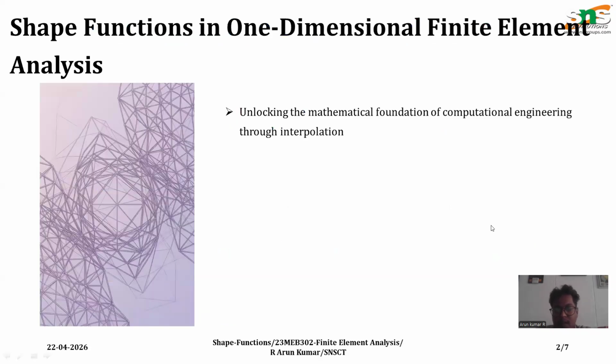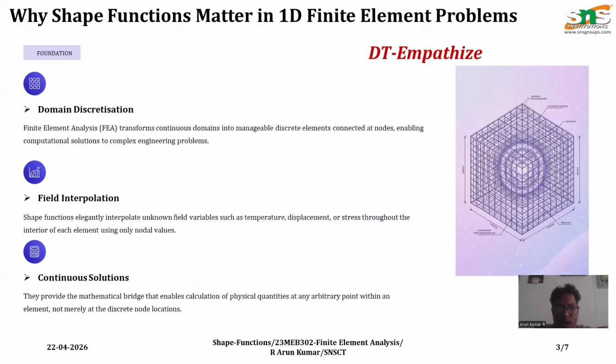Based upon the topic, unlocking the mathematical foundation of computational engineering through interpolations. The main function of the shape function is to make the finite element analysis more effective, and it also supports domain discretization. So why does the shape function matter in one-dimensional finite element problems?